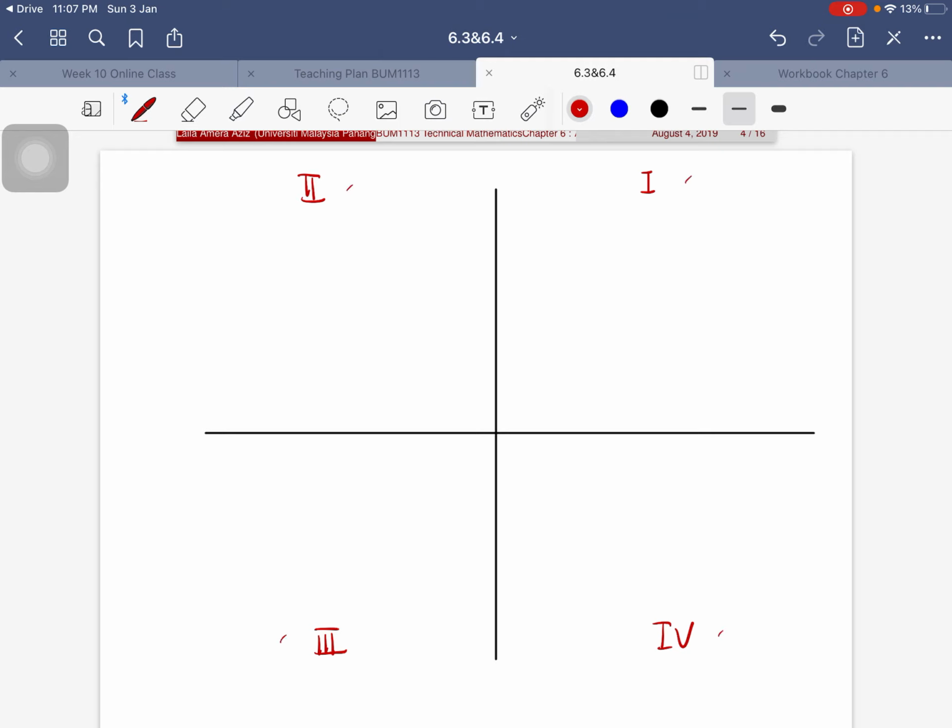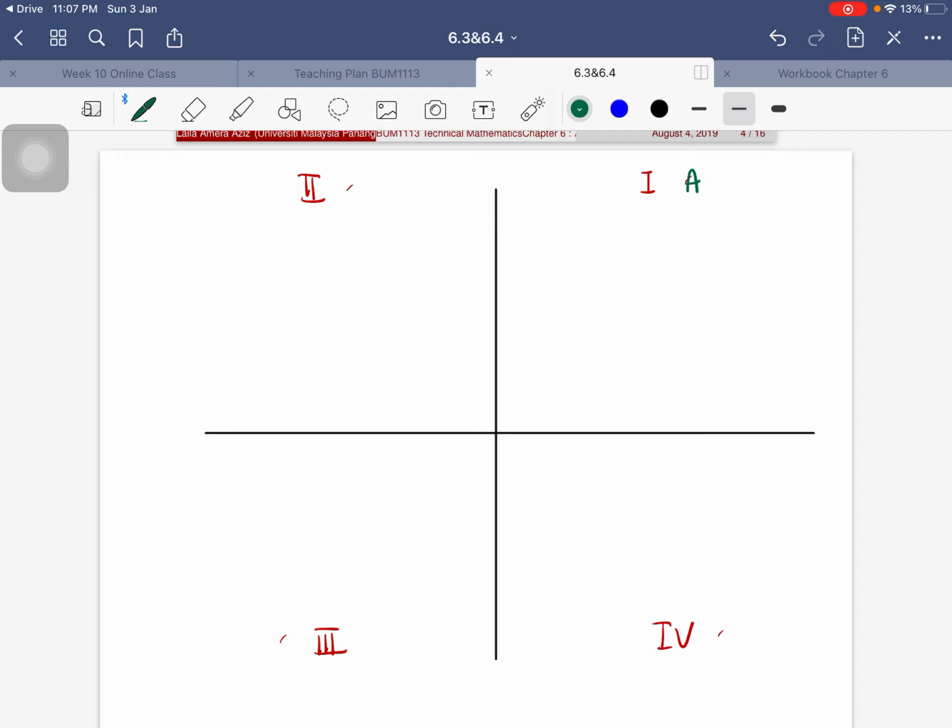the fourth quadrant. Okay, first of all, I'd like to remind you about the CAST rule. In the first quadrant, all trigonometric functions are going to be positive. Whether it's tangent, sine, or cosine, every single trigonometric function is going to be positive in the first quadrant.